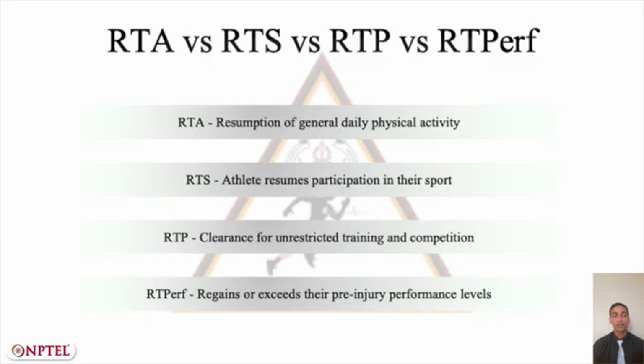Lastly, RT-PERF. RT-PERF stands for Return to Performance. The athlete not only returns to competition but regains or exceeds their pre-injury performance level. RT-PERF focuses on achieving optimal sport-specific performance, not just participation.